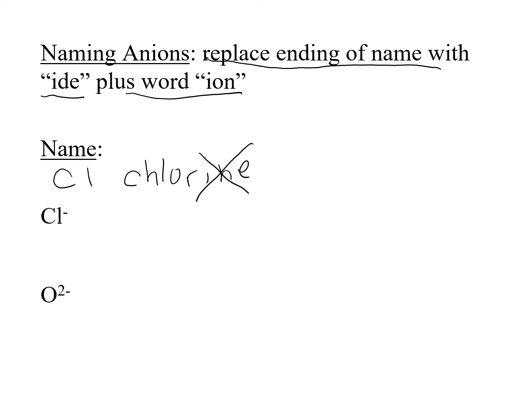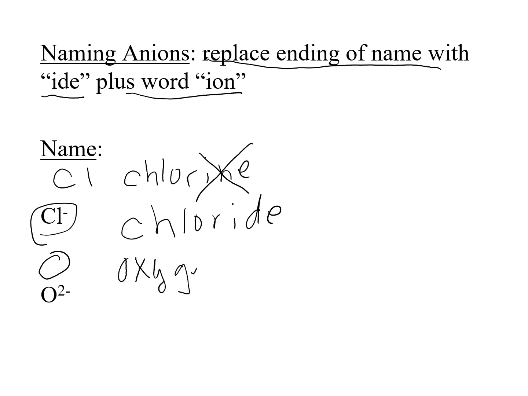I can cross that out and change that when it becomes an ion, it has a charge, to chloride. If I have O for oxygen, I'm going to go ahead and drop my ending, the -ygen, and now to name my ion becomes oxide.